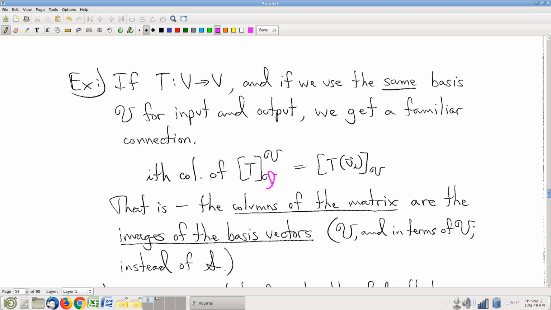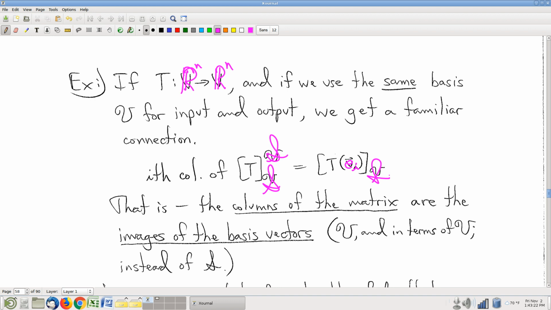Let's just consider what happens if our domain and target here are both Rn, right? If I use the standard basis in Rn as my domain basis, then these become the standard basis vectors e_i, right? And then using the standard basis for my target basis, I represent these outputs, these images of the standard basis vectors, with respect to the standard basis.